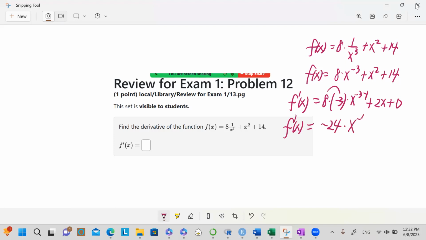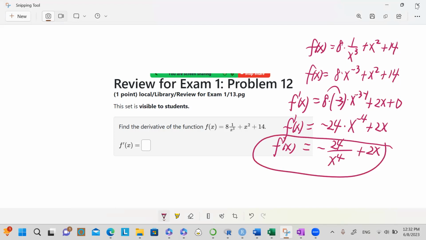This is x to the negative 4 power, plus 2x. We don't want the negative powers here, so it's minus 24 over x to the 4, plus 2x. And that's the final answer, right? Do you have any questions about this?